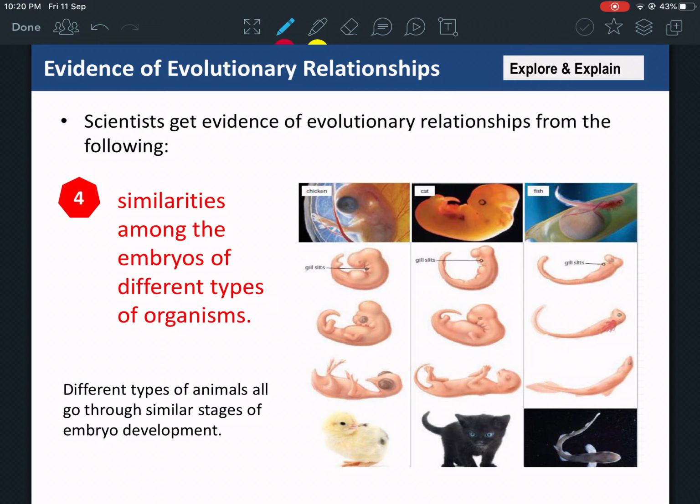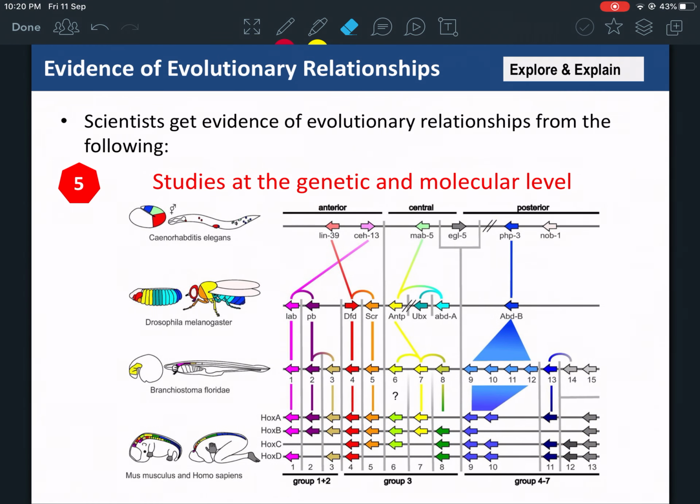We call this embryological evidence, evidence from similarities in embryos. If you need to understand the word embryo, look it up, but it's basically the species before it becomes a baby, before it's born, when it's in the mother's womb or in an egg.